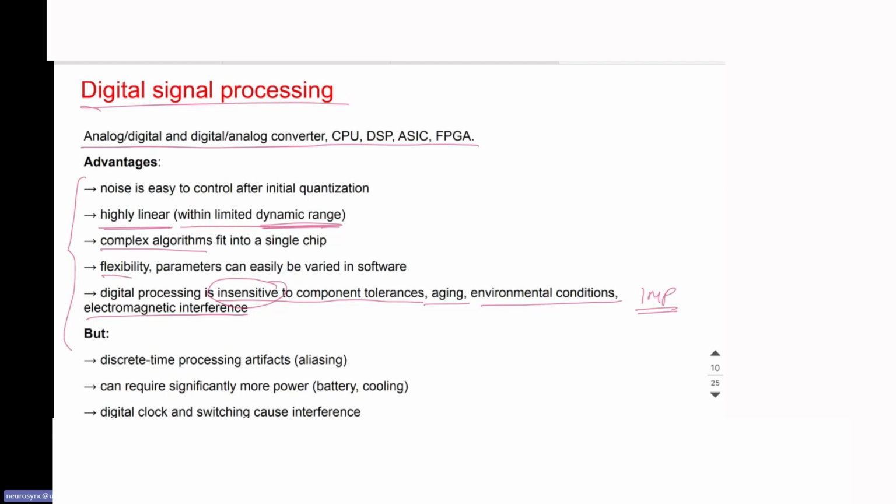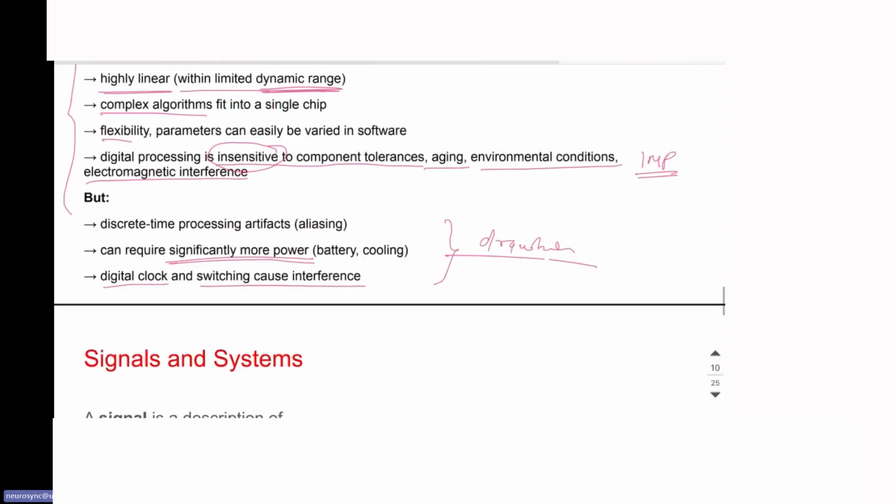It can require significantly more power. The digital clock and switching may cause interference. So these are some drawbacks of digital signal processing.